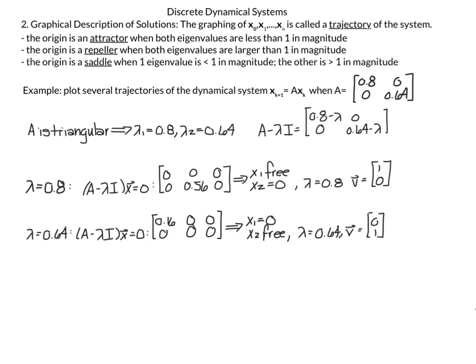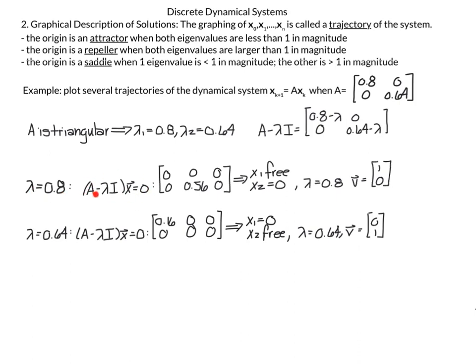We start by looking for eigenvalues, but since A is triangular, that's fairly straightforward. It's the diagonal, so we have 0.8 and 0.64. So A minus lambda I is going to be 0.8 minus lambda and then 0, and our second column vector is 0 and 0.64 minus lambda. When we look for our eigenvectors next, we start with our first eigenvalue, lambda equal to 0.8.